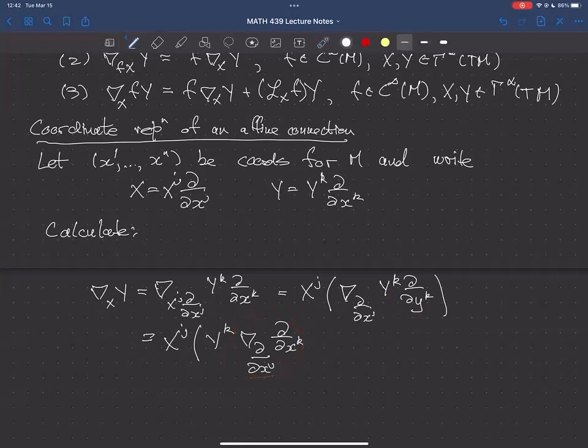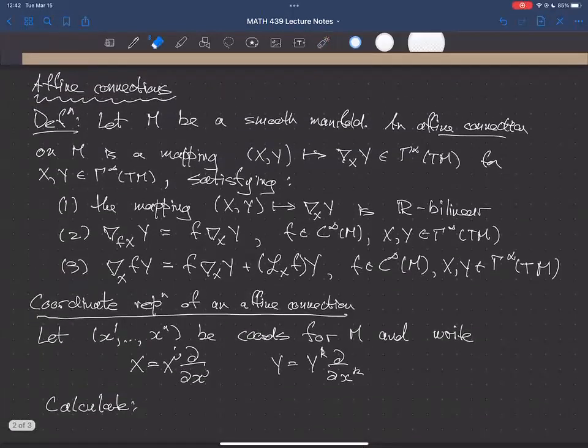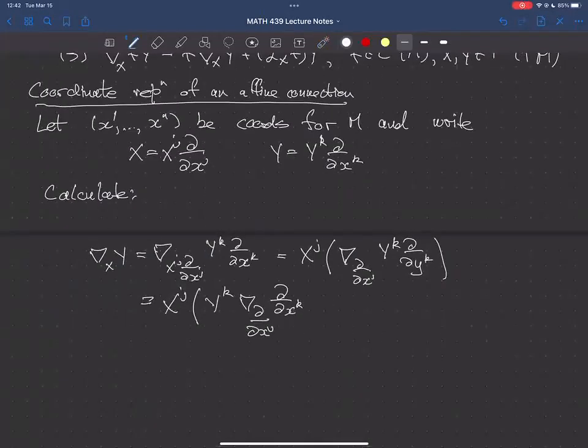Now what I need to do is hold this fixed and then differentiate Y. And what am I going to be differentiating Y with respect to? I'm going to be differentiating with respect to that vector field, just like in condition 3. I hold the vector field constant and I differentiate the function times the vector field. So the vector field is d/dx^j and the function is Y^k.